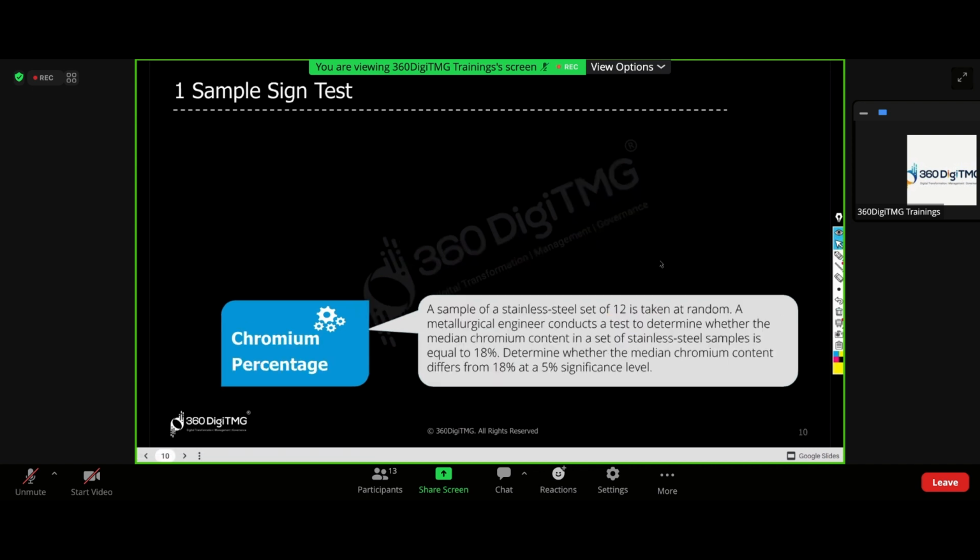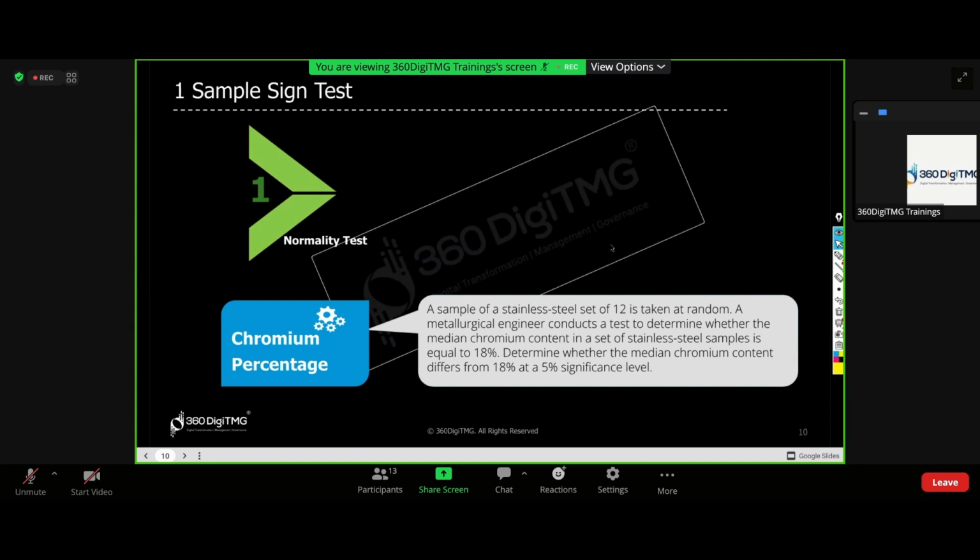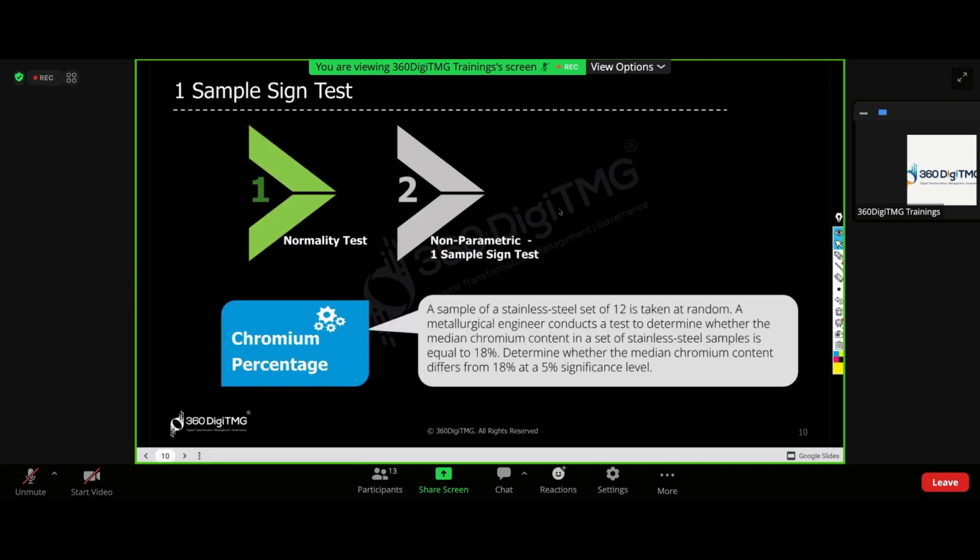Again, the same thing. This is for sign test. You have normality test, non-parametric sample sign test, and here you have chromium percentage, means a sample of stainless steel set of 12 is taken at random. Percent of chrome present is something we do have.